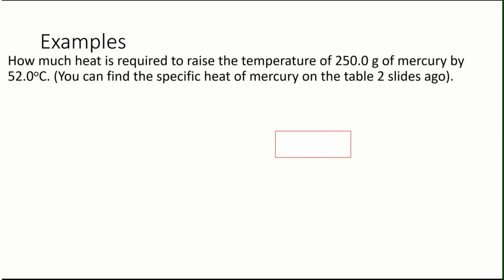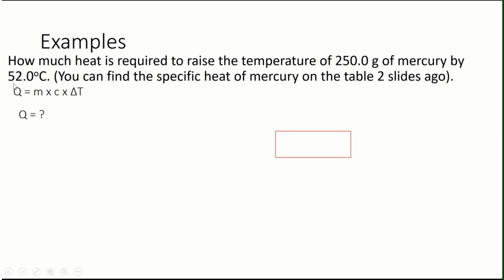How much heat is required to raise the temperature of 250 grams of mercury by 52 degrees Celsius? Again, we might need to reference the specific heat of mercury from the table 2 slides ago, but I'm going to start by listing out my variables. The formula I'm looking for is Q is equal to M times C times delta T, and they're asking how much heat.